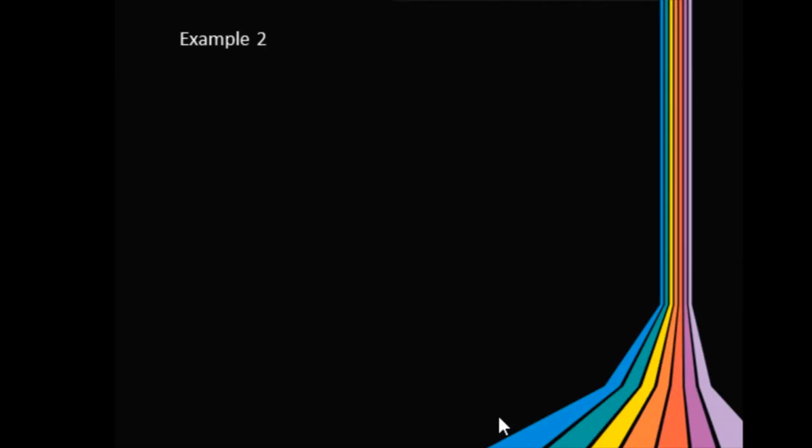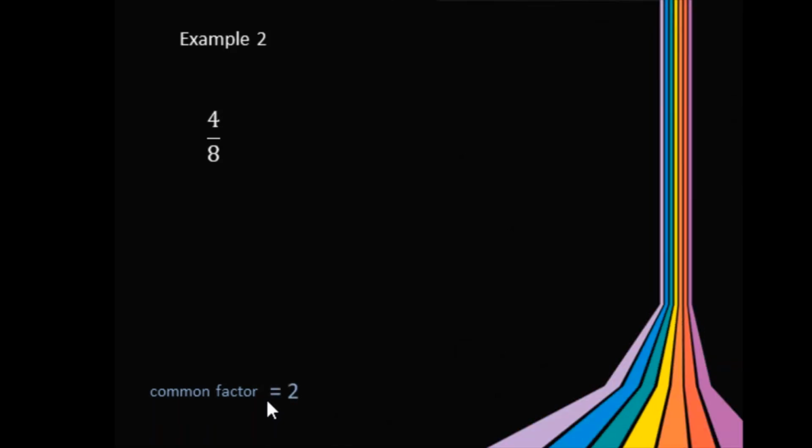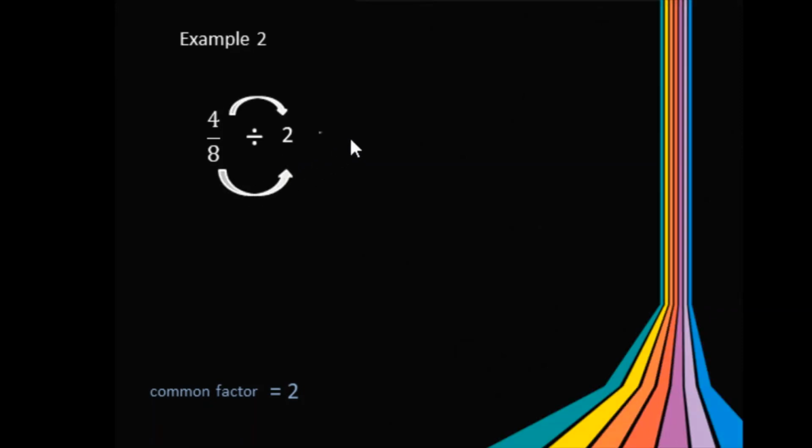Example number 2. We have 4/8. What is the common factor? Can we use 2? Let's use 2 for a start. Next, 4 divided by 2 and 8 divided by 2. What's the answer?